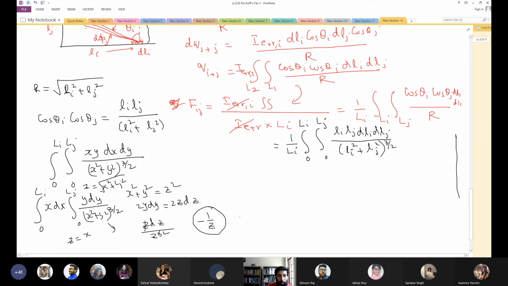So this becomes 1 by x minus 1 by that square root, multiplied by x dx, from 0 to Li. So x cancels, and this becomes Li minus the integration from 0 to Li of x dx divided by the square root.